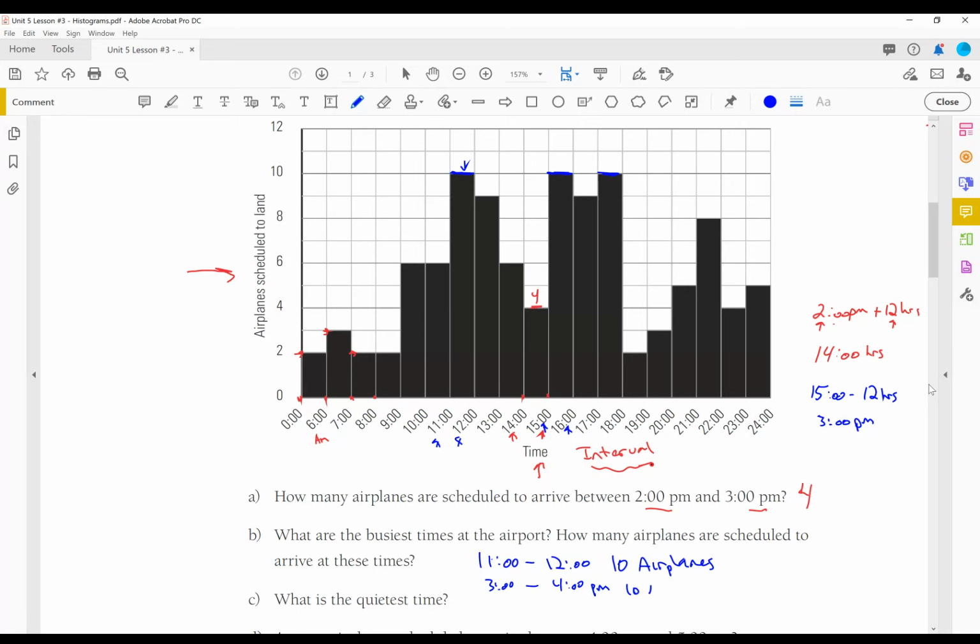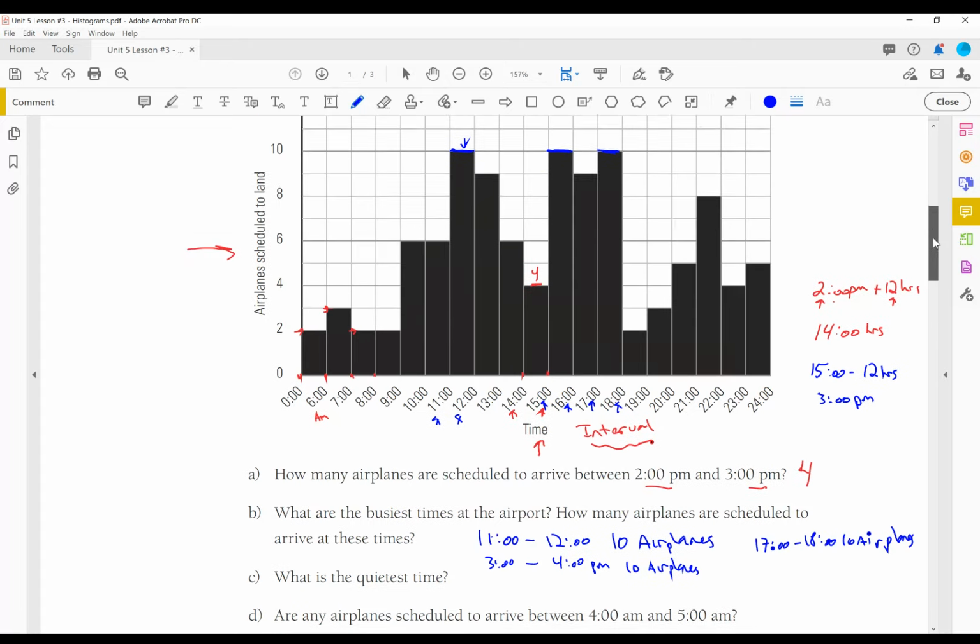And there are 10 airplanes. And last but not least, between 1700 and 1800, you could answer it as 1700 to 1800 as well. And there are 10 airplanes.